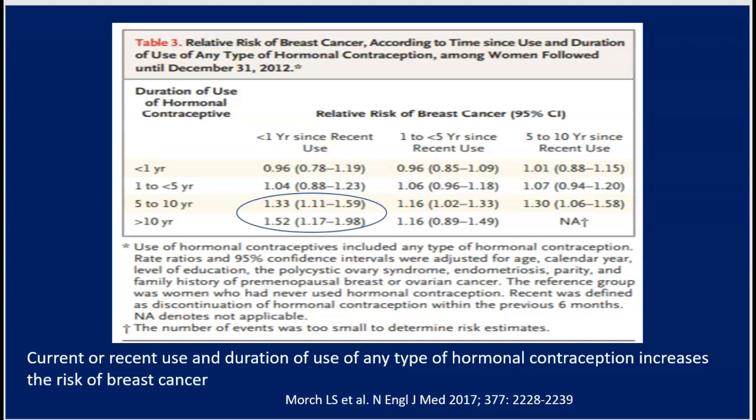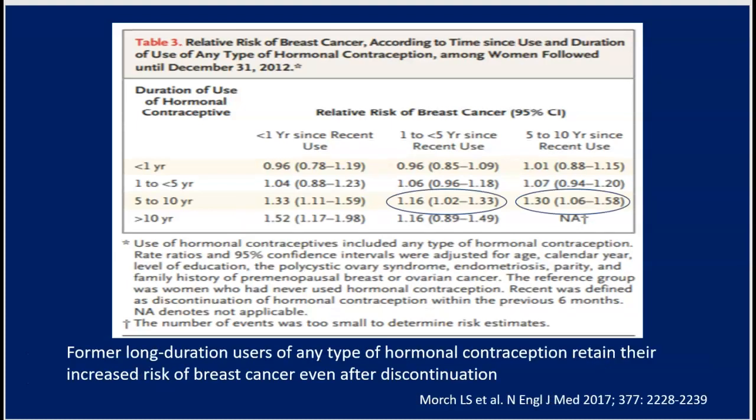Clearly, when you look at duration of use of 5 to 10 years or more than 10 years, particularly for women who were recent users and could be current users for that matter, you can see there was a modest increase in risk of breast cancer, 1.33 for use 5 to 10 years in duration. The risk was 1.52 for more than 10 years of use. So again, a duration effect which other studies have not shown.